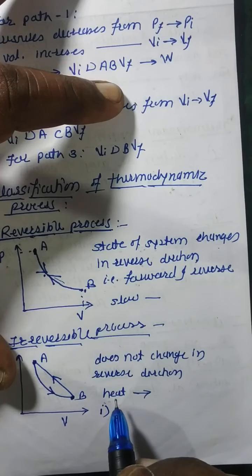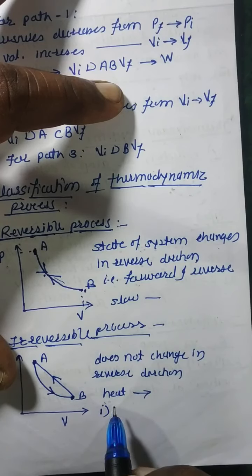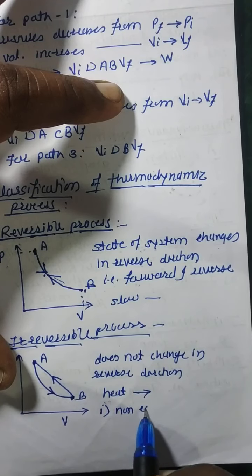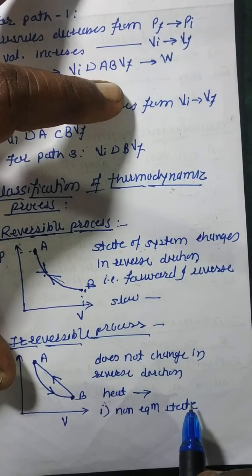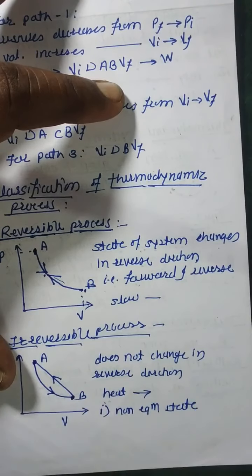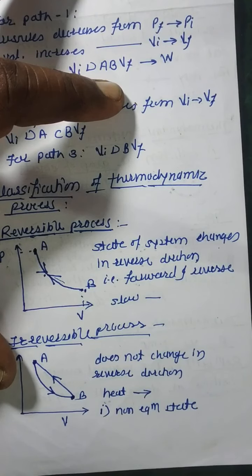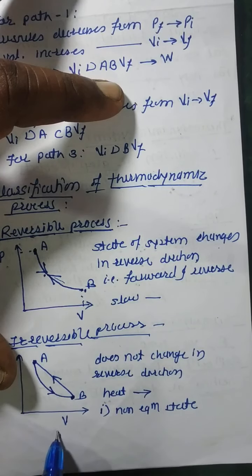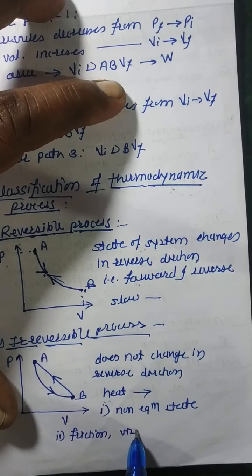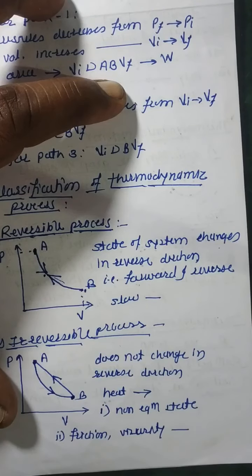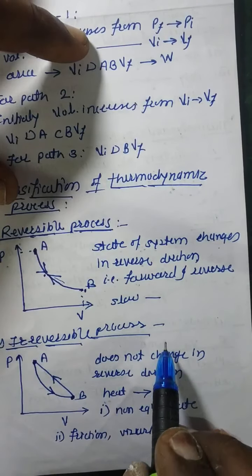One, that is non-equilibrium state such as free expansion and explosive chemical reaction like this. And one more, that is due to friction, viscosity and some other dissipative forces. This is about irreversible process.